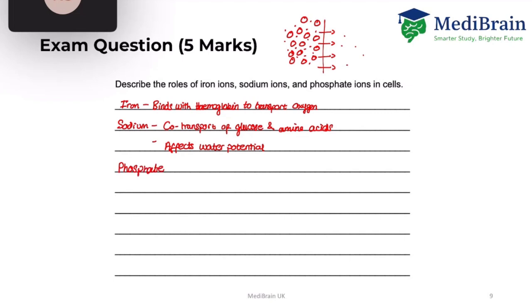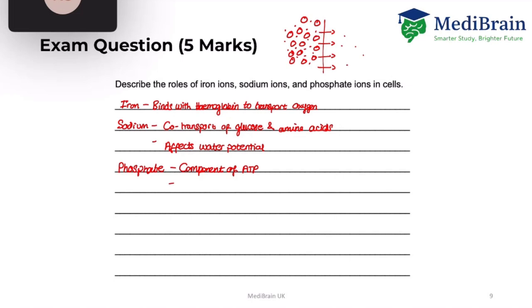Okay, phosphate ions. We've looked at phosphate so much in this unit. Phosphate is used in ATP. Phosphate is a component of ATP. Phosphate is also used in nucleotides in the phosphodiester bonds.